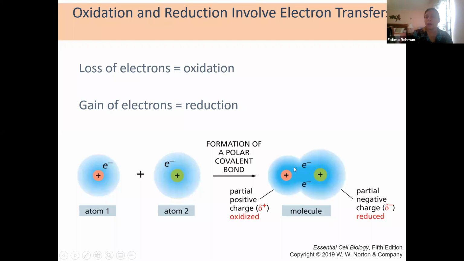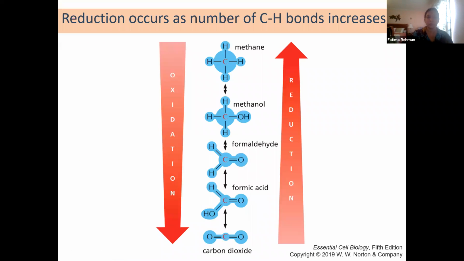So the atom that has the partial negative charge in the final molecule is going to be the reduced atom, and the second one, the one that is getting stripped of the electrons, is going to be the oxidized side of that molecule.